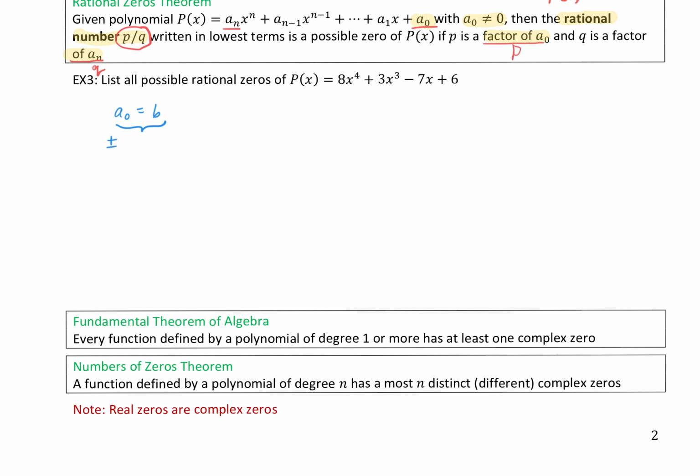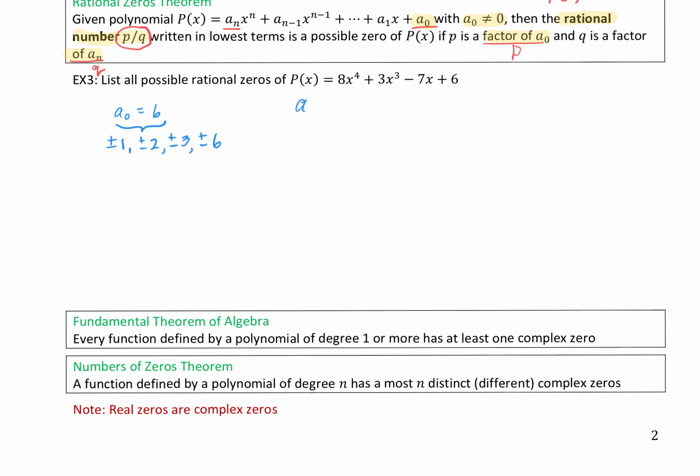So plus and minus 1, those are factors. 2 divides 6, but so does negative 2. So plus and minus 2, as well as plus and minus 3, and 6 divides 6, but so does negative 6. So those are all the possible factors of our constant term 6.